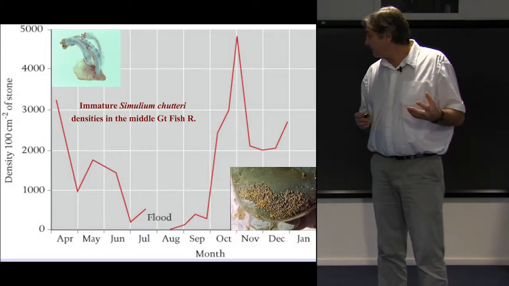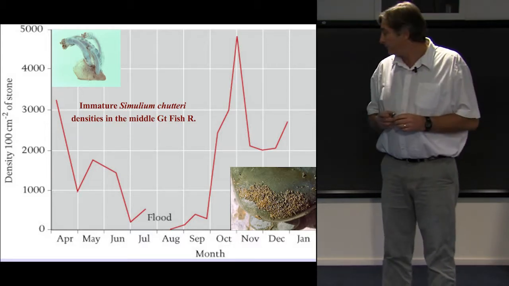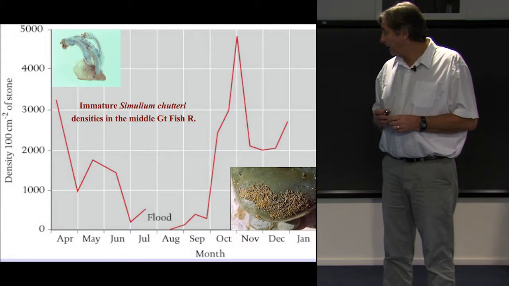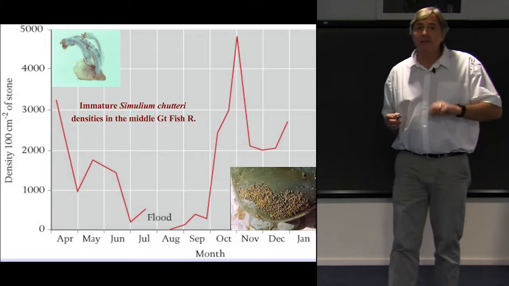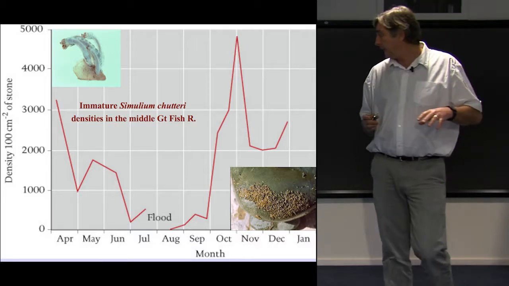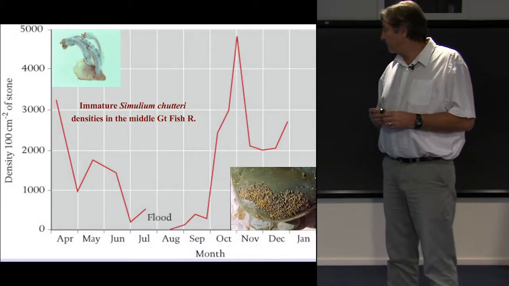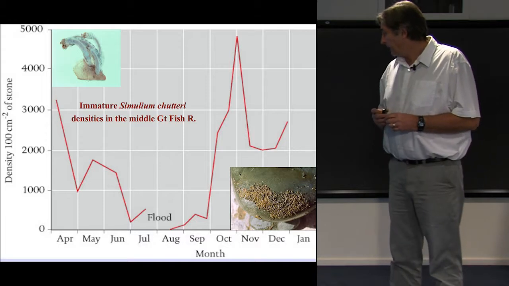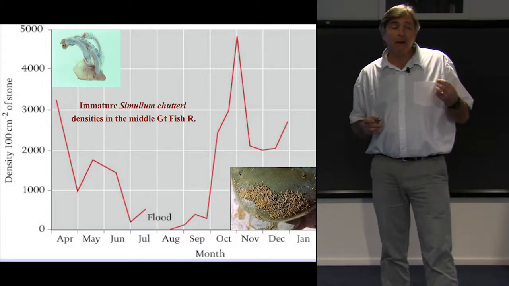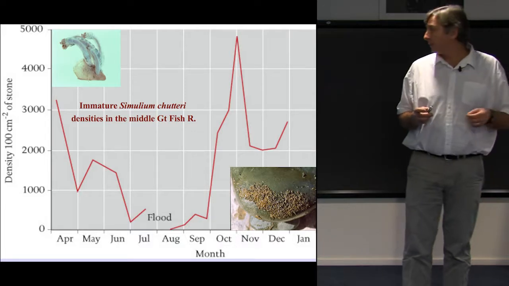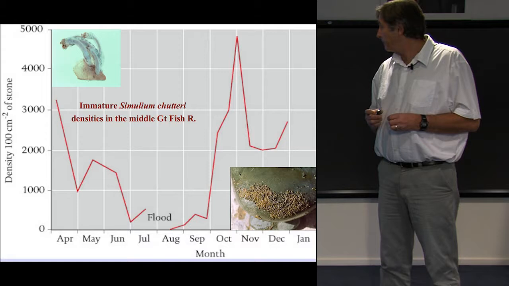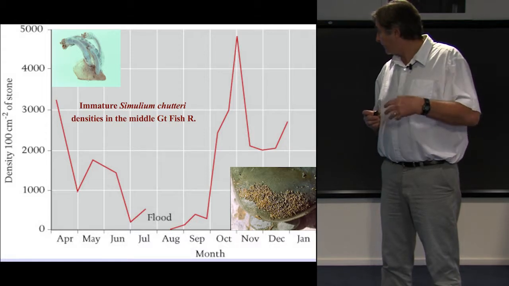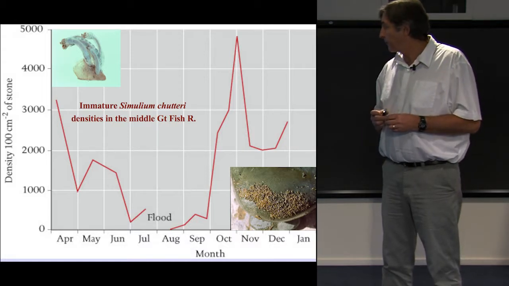And then we had an unseasonal flood which basically wiped out most of the overwintering population of larvae. But nevertheless, because the eggs are down in the sediment and weren't washed away, when the temperatures start to increase in September, October, you see a very strong exponential growth of the larval population and with successive generations in spring.